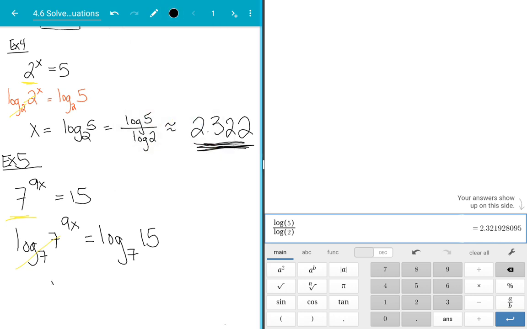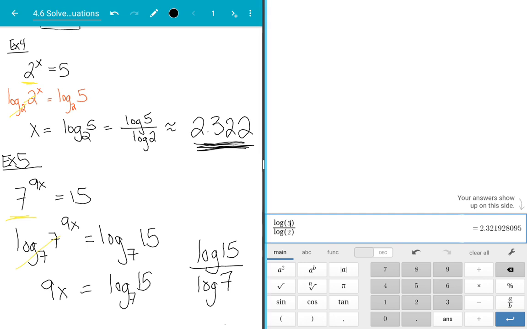We're just going to have now 9x is equal to this log here. Now we just have to figure out what that log is equal to. Again, the change of base property says we're going to write this as log of 15 over log of 7.